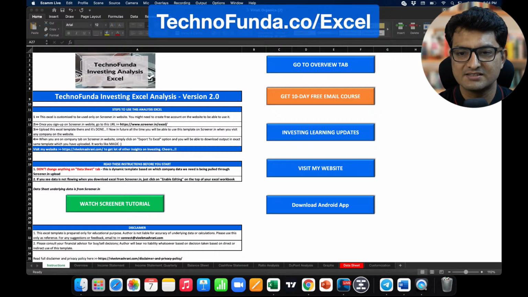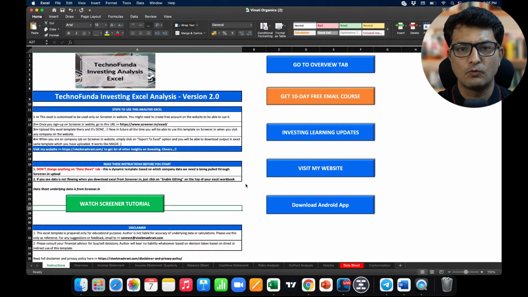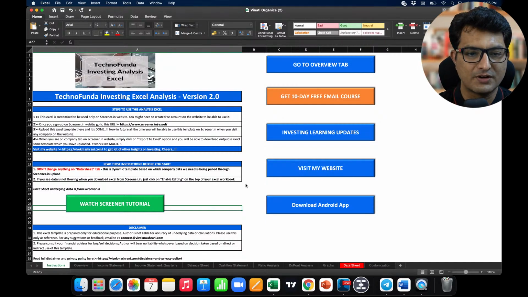I'll just remove this Excel button now and hope you are all ready with this sheet. So come with me side by side so that I can give you orientation of what needs to be done in the Excel. Sometimes when you download the Excel, it will ask you that you need to enable editing. If it is asking you that, you need to click on that button, enable editing, so that you can use it freely.